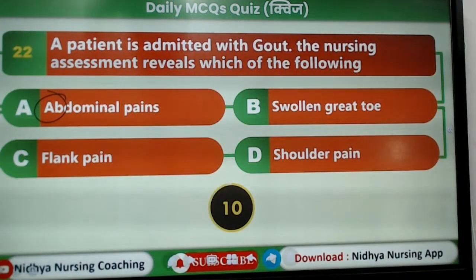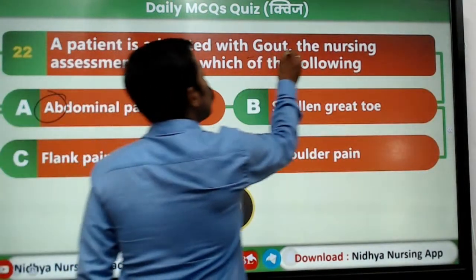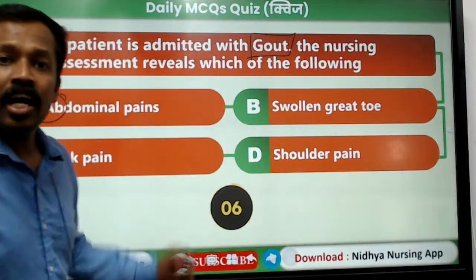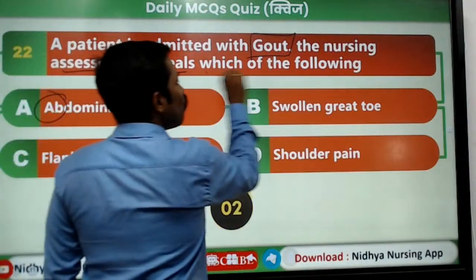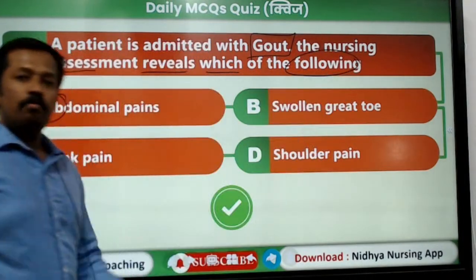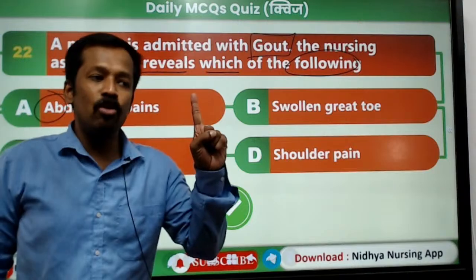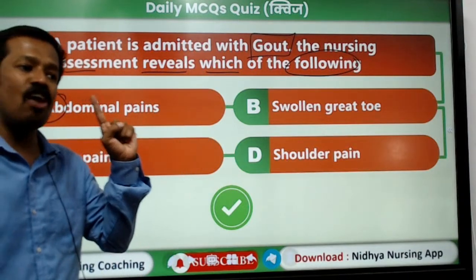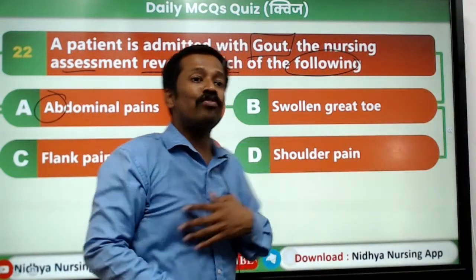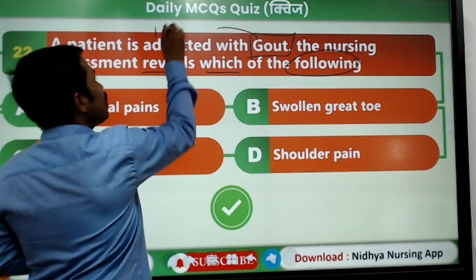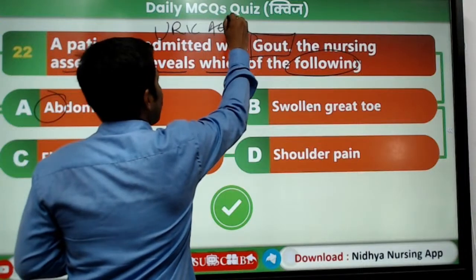Next one. A patient admitted with gout. The nursing assessment reveals which of the following? What is gout? Excessive deposition of uric acid. Gout means excessive deposition of uric acid.